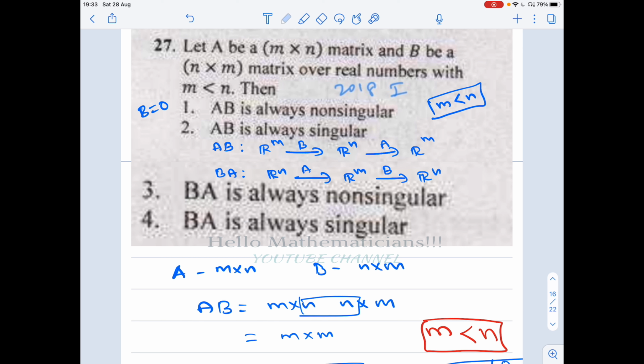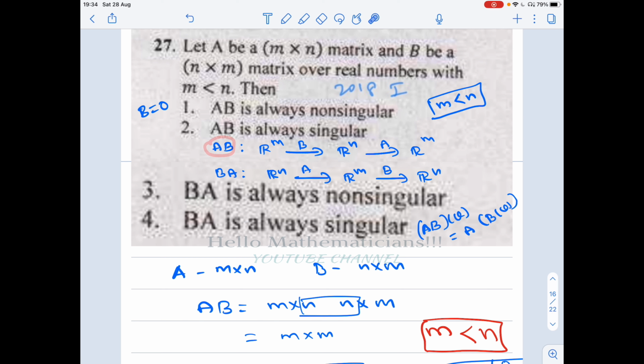When you apply the product of two matrices AB on a vector V, it is A of B of V. First you let the matrix B act on the vector V, so you get B of V. After that, B of V is now a vector, and on that vector A will act. That is how we calculate AB of V. So even though we are writing AB, actually first we are applying B only. That is the observation.